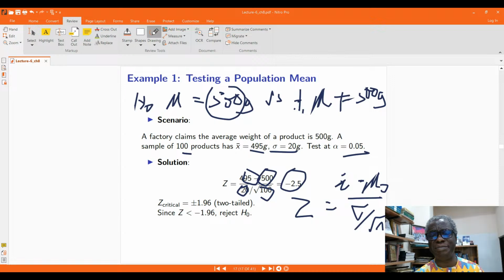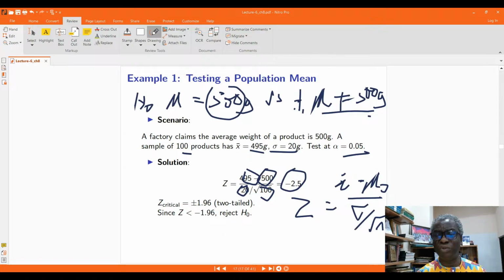With that, remember that this hypothesis is a two-tailed test because it is directionless. It's not saying that it is greater or it is less. So we are dealing with a two-tailed test. So that is why our critical value will have to be plus or minus 1.96. We're actually interested in the absolute value.